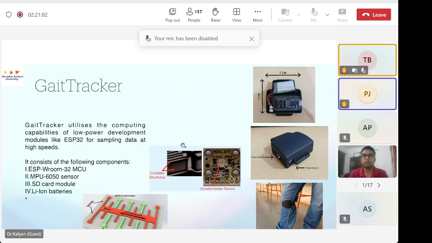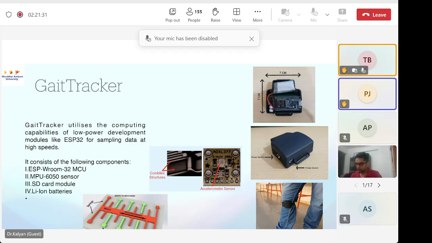It has limited computational capabilities, but it can perform work-specific computations at a very small scale. So this ESP32 is like a mini computer in itself. It has a microcontroller, it has inbuilt storage, and it can perform certain types of computations.